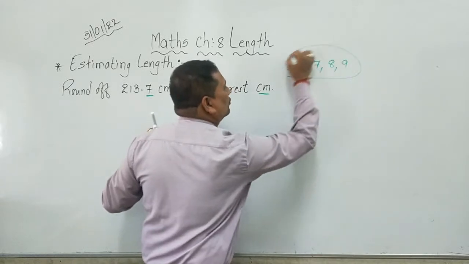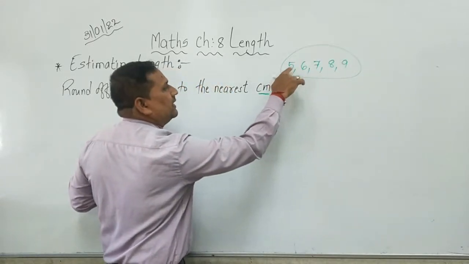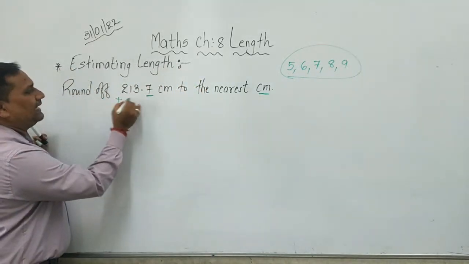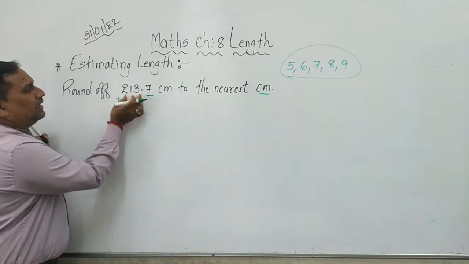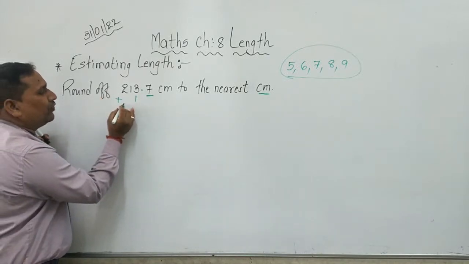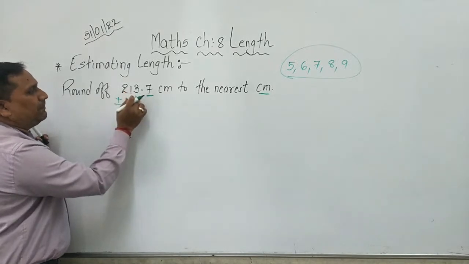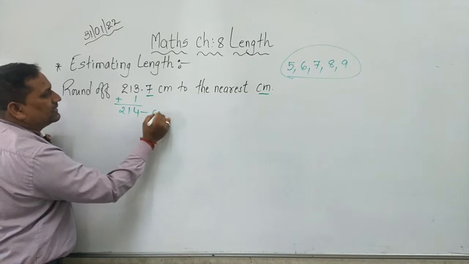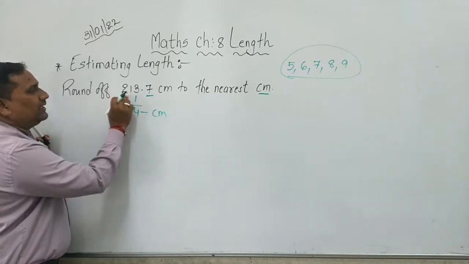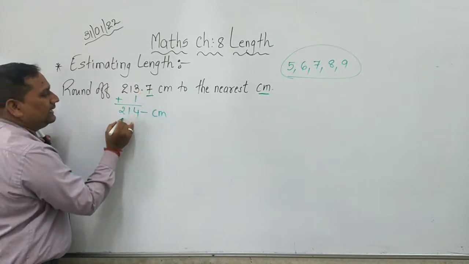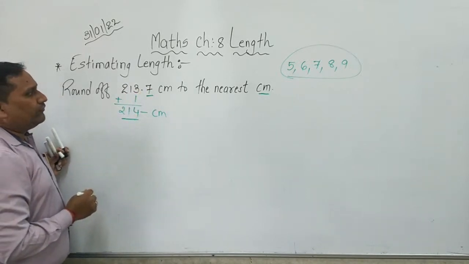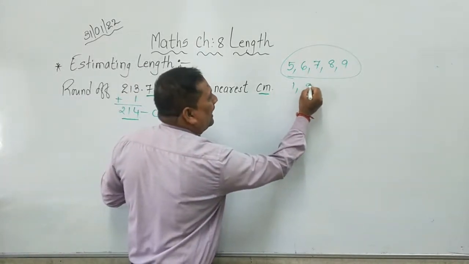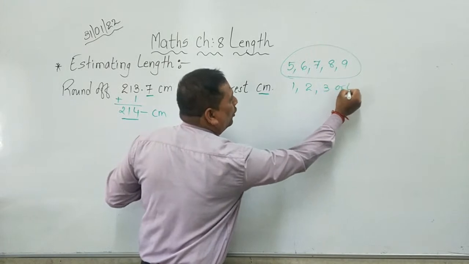So when after the decimal it is 5, 6, 7, 8 or 9, we have to add 1 to the number given before the decimal. So 3 plus 1 is 4, then 1 and 2. So the nearest centimeter of 213.7 will be 214.